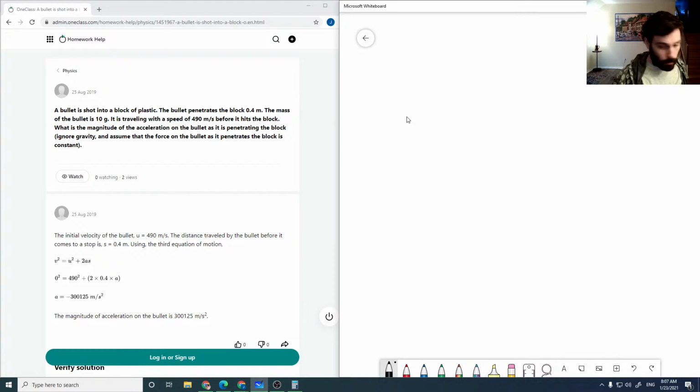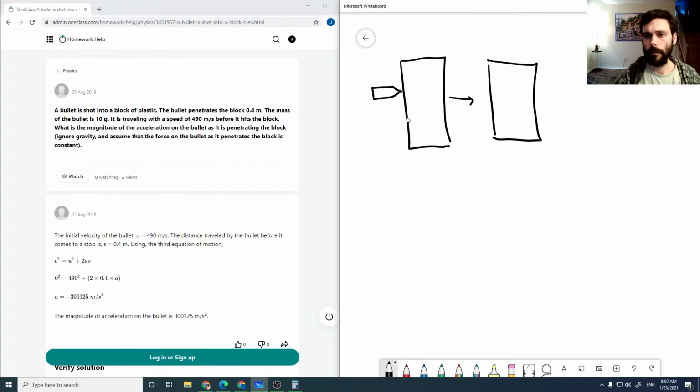All right, we've got a bullet shot into a plastic block, and it penetrates the block by 0.4 meters.